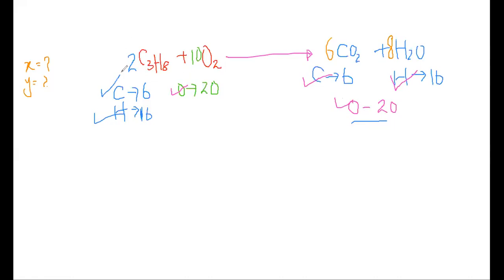If you can't balance this equation, you can't get the ratio to find the answer. So now x should be 2, and y is how much? That's the answer. X should be 2 and y should be 6.